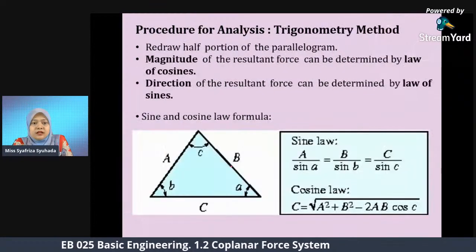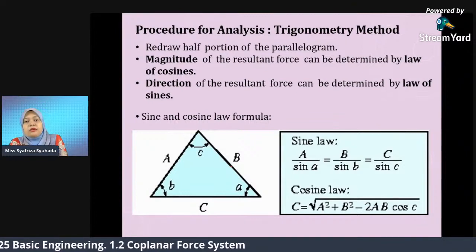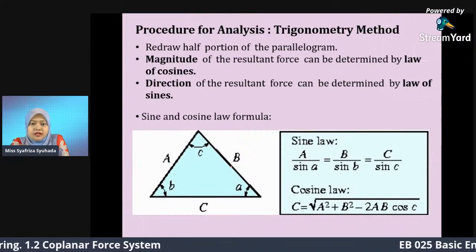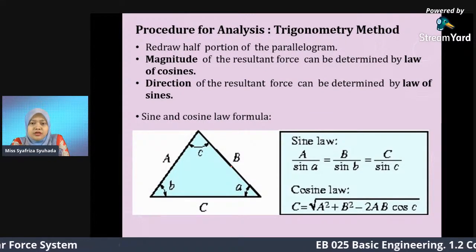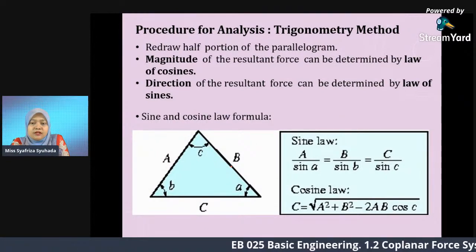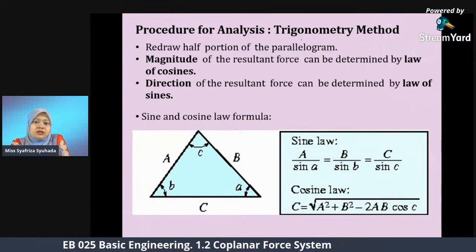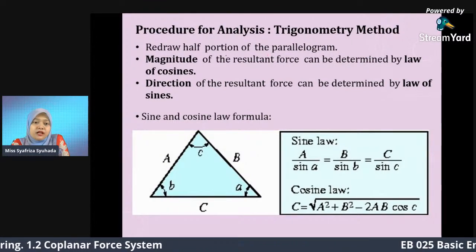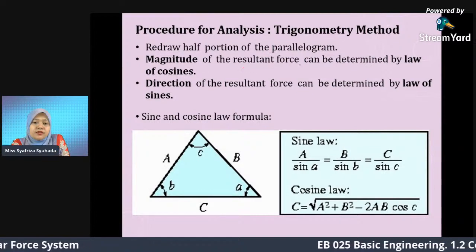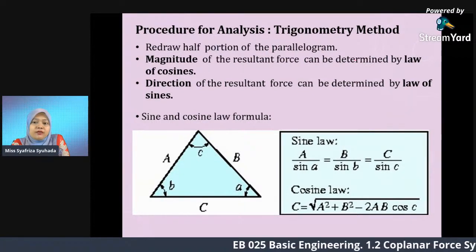Alright. Number two is by using the trigonometry method. First we have to draw a triangle. How to draw the triangle? By using the parallelogram method shown before. The magnitude of the resultant force can be determined by the law of cosine and the law of sine.